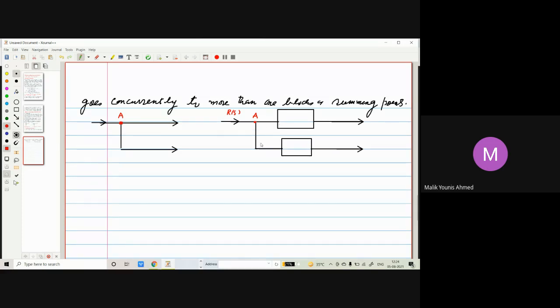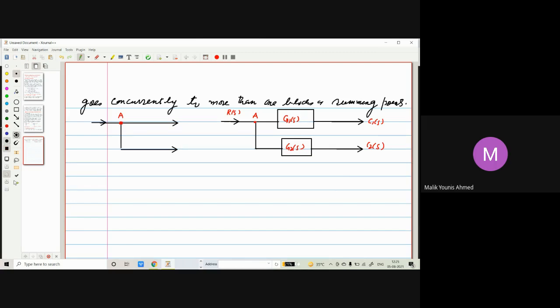See, one is here and another is here. So let's call it G1 of S, and the next one is G2 of S. Okay, so output here is C1 of S and output here is C2 of S. So that's a point called a takeoff point, where from that point the signals are going concurrently or simultaneously to one or more than one block or to one or more than one summing point.